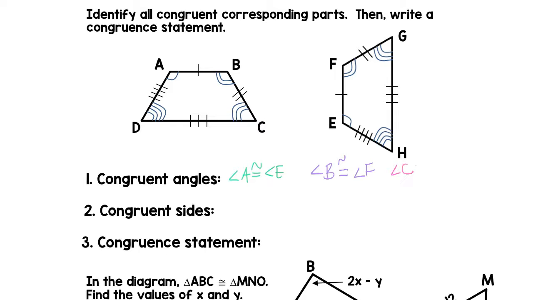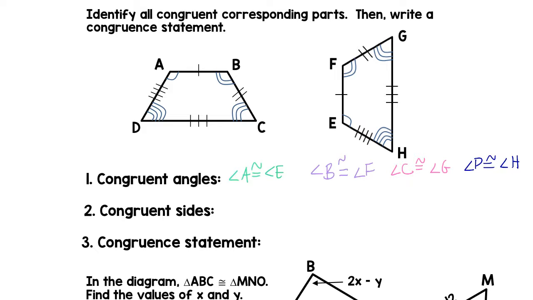Angle C is congruent to angle G, three arcs and three arcs. And last, angle D, which has four arcs, is congruent to angle H.